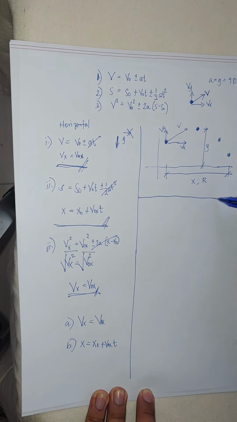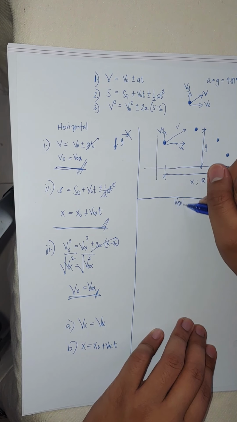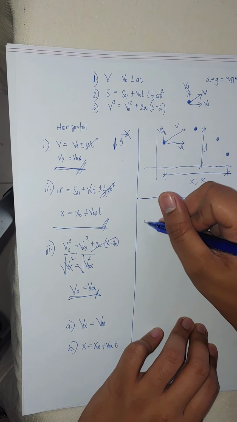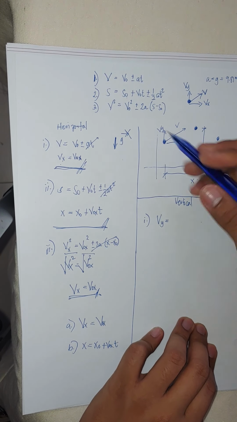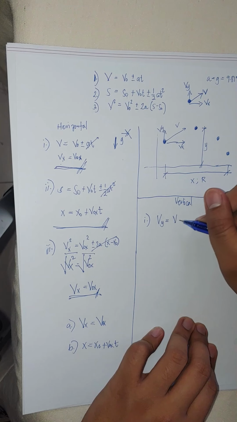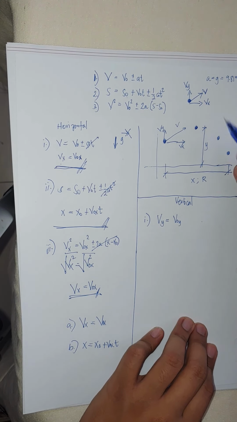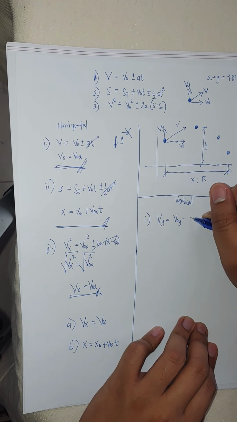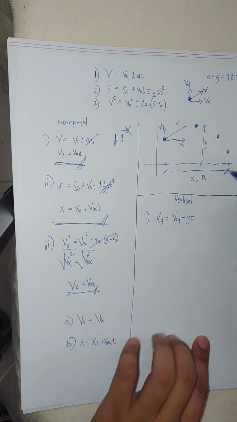Now for our vertical component, we now take into consideration the acceleration. So first, we have Vy from this equation equal to Voy. Since this is a negative acceleration, minus, and we use the symbol g since our acceleration is due to gravity, minus g t.